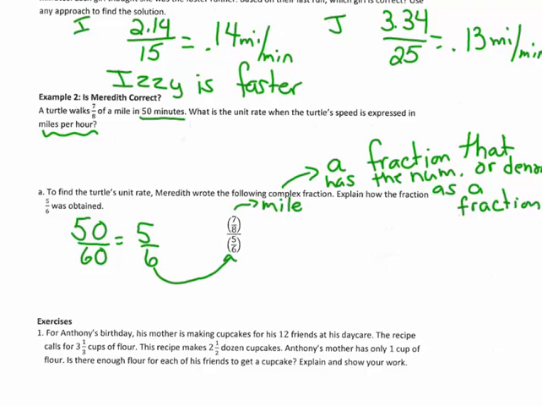So 5/6 is the part of the hour that the turtle walked. They don't even ask us to figure that out. They just wanted to know where the numbers came from. So this is an example of a complex fraction, and in this case both the numerator and the denominator are fractions. That's all that means.